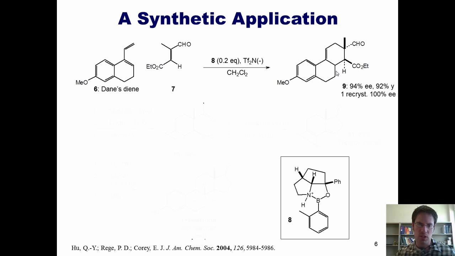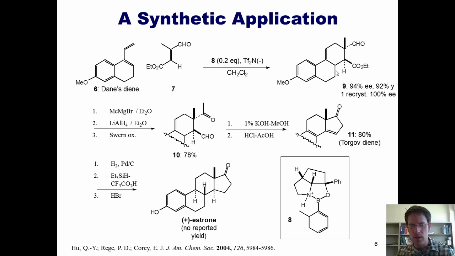Over various other steps shown here, compound 9 was successfully converted into this final molecule known as estrone in enantiopure form. Estrone is an estrogenic hormone of significance in numerous biological processes in females particularly, with specific relation to menopause.